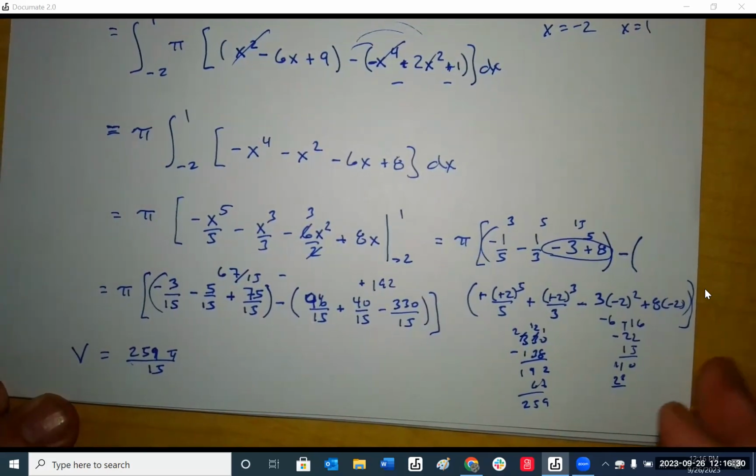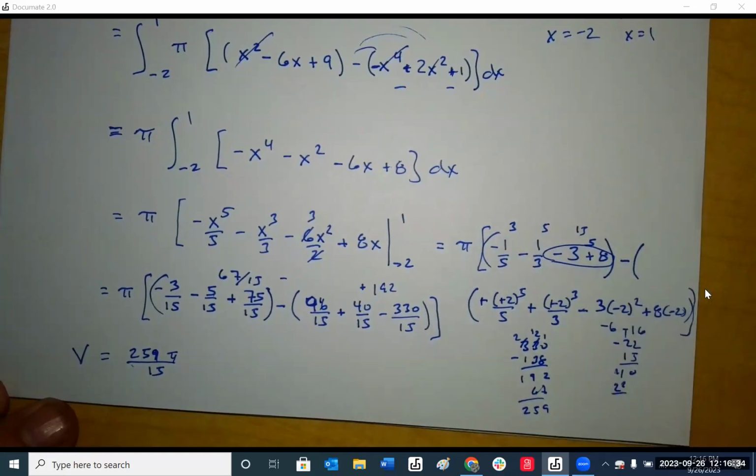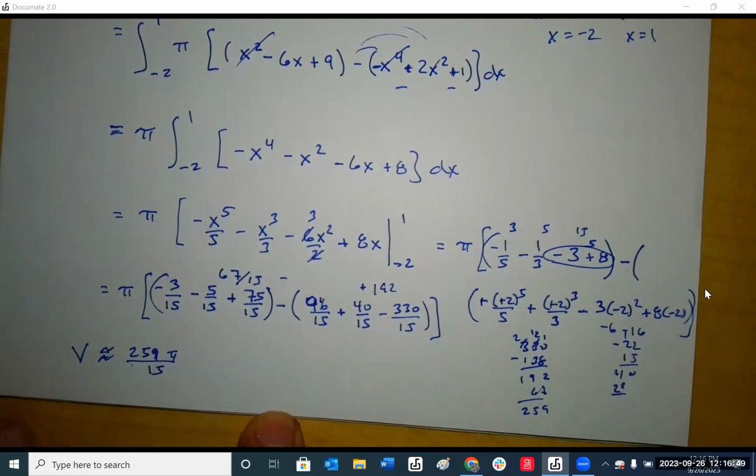Now see what you guys get. You get the same answer? But yeah, this one, it could be about. But that's the way you do it. That's the mechanics of it. My problem is I try to squeeze it all into one piece of paper.